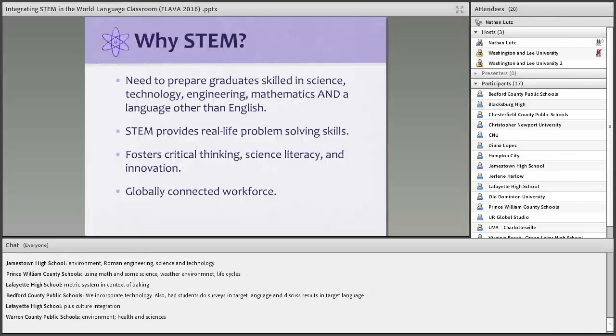There's a couple of different things that come to mind for me. We need to prepare graduates who are skilled in science, technology, engineering, mathematics, and a language other than English. There's been some recent advocacy efforts around promoting more than just STEM as something for a student to be versed in, but also to pair that up with proficiency in a language other than English.